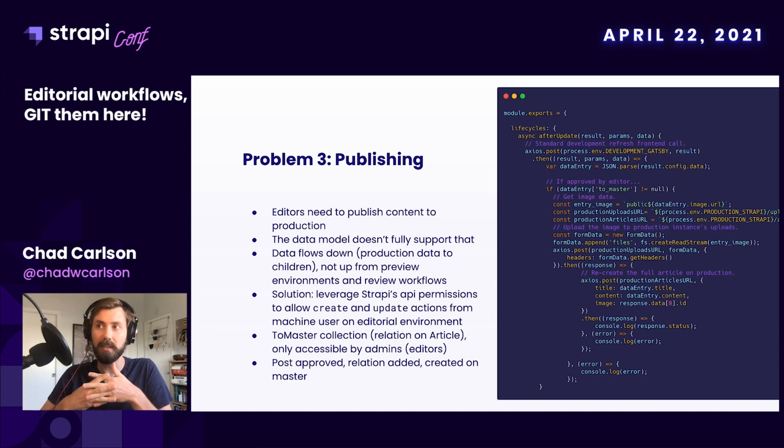So what I ended up doing is this after update lifecycle hook is going to include a result of the update itself, and then we're going to feed it into this front end refresh call, same as always, because we're still on a development environment.